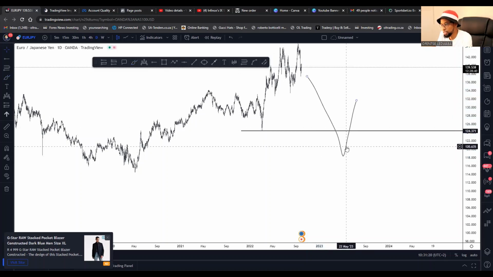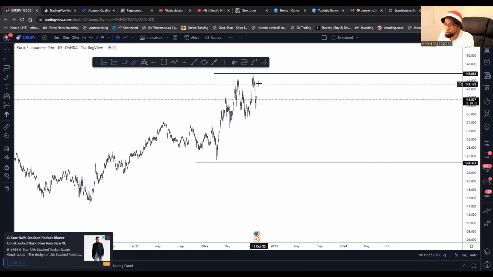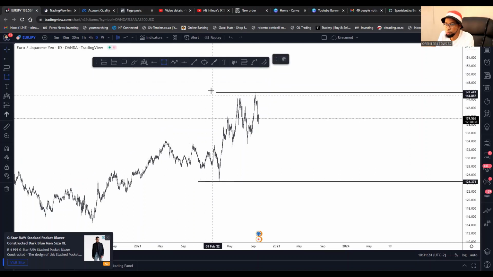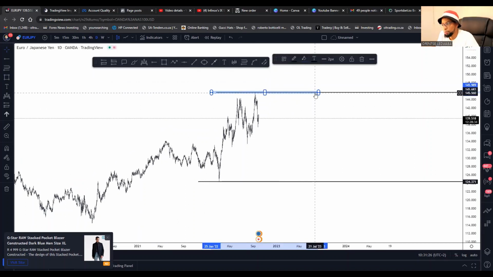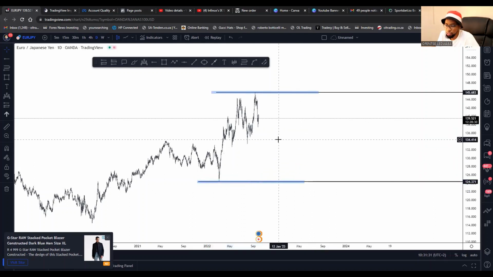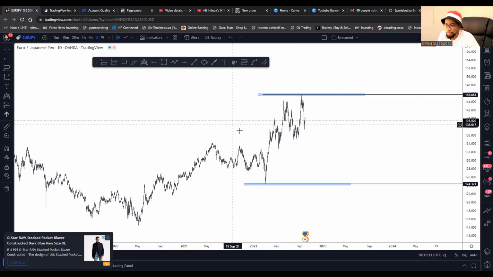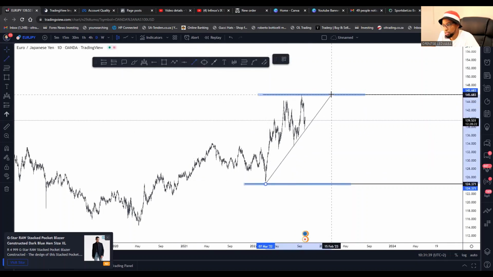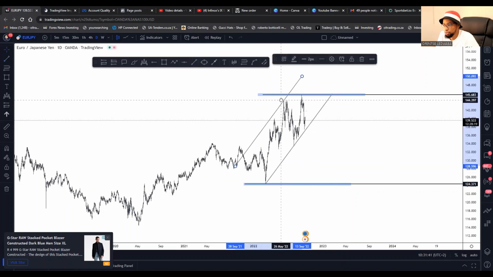Understand? Okay, now I've taken my lowest and highest point. For clarity, this is my zone, and now I have this point showing me an uptrend.